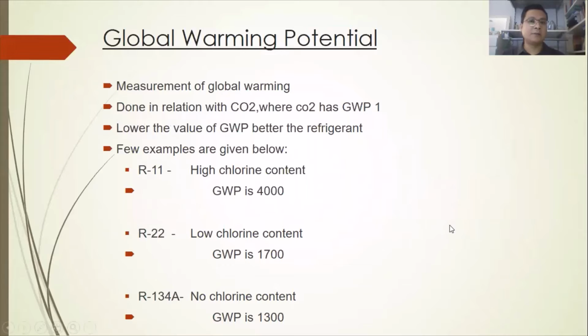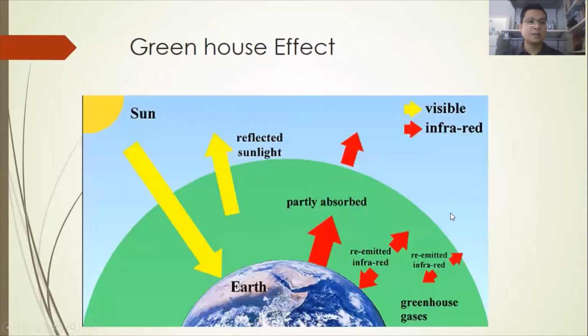Global warming potential also should be low, or maybe we should try to make it zero. If it affects global warming potential, it will increase the temperature of the Earth.